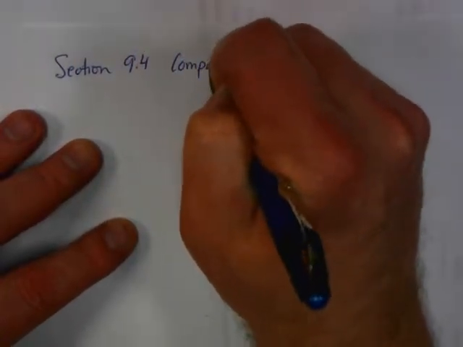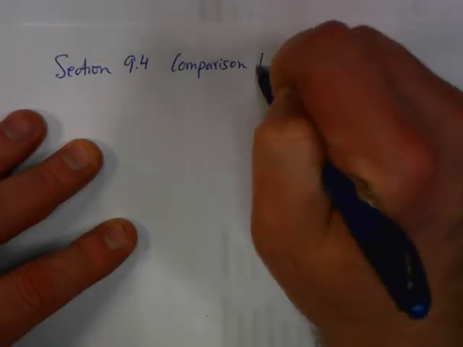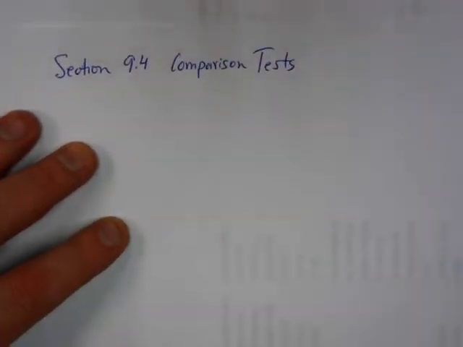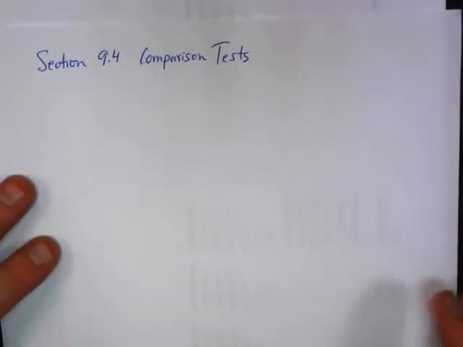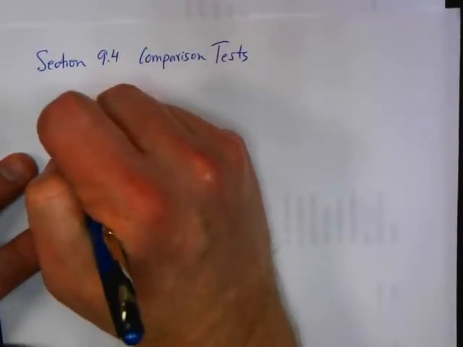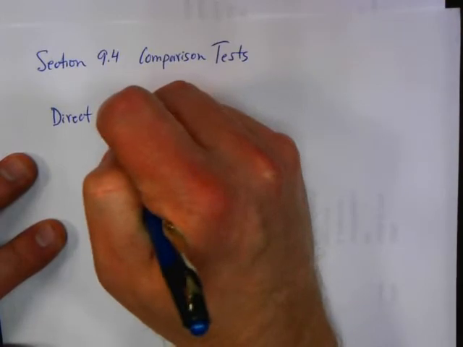Section 9.4. We're going to have 2 more ways to determine if a series is convergent or divergent. And these are known as comparison tests. The first one is called the direct comparison test.